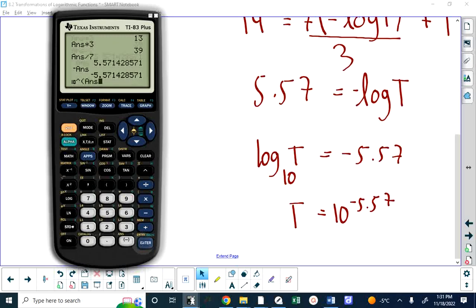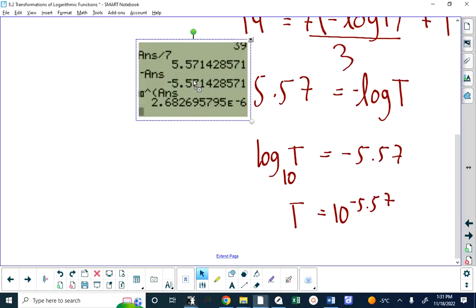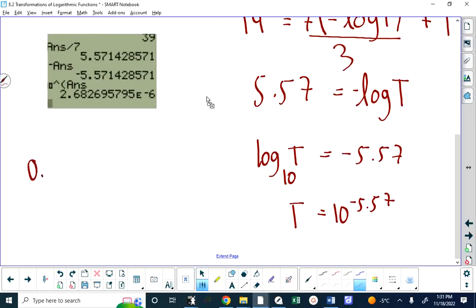Either way, this is the proportion of light that gets through, which is 0.000000268. It's a proportion of light that gets through. In other words, hardly any light gets through, which is what makes it safe to look at the sun through.